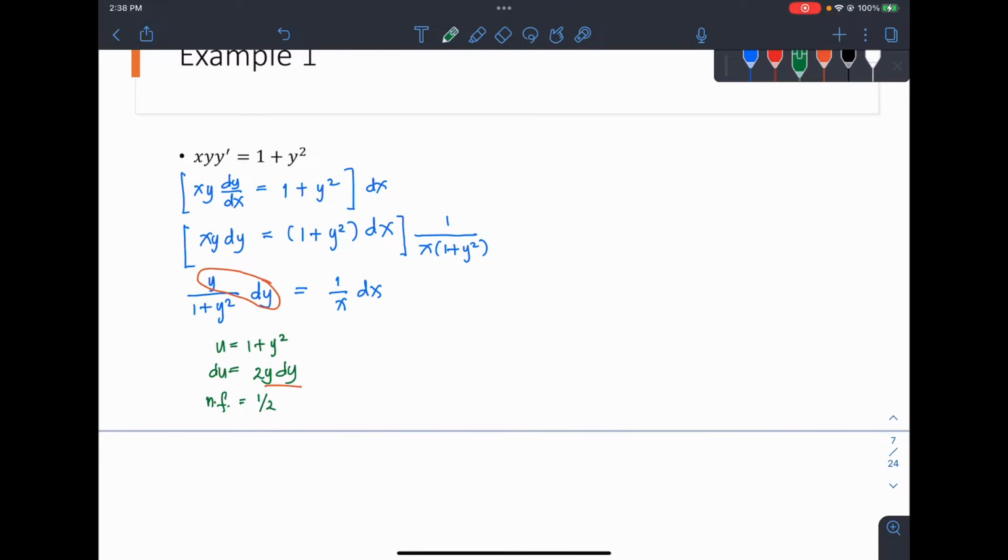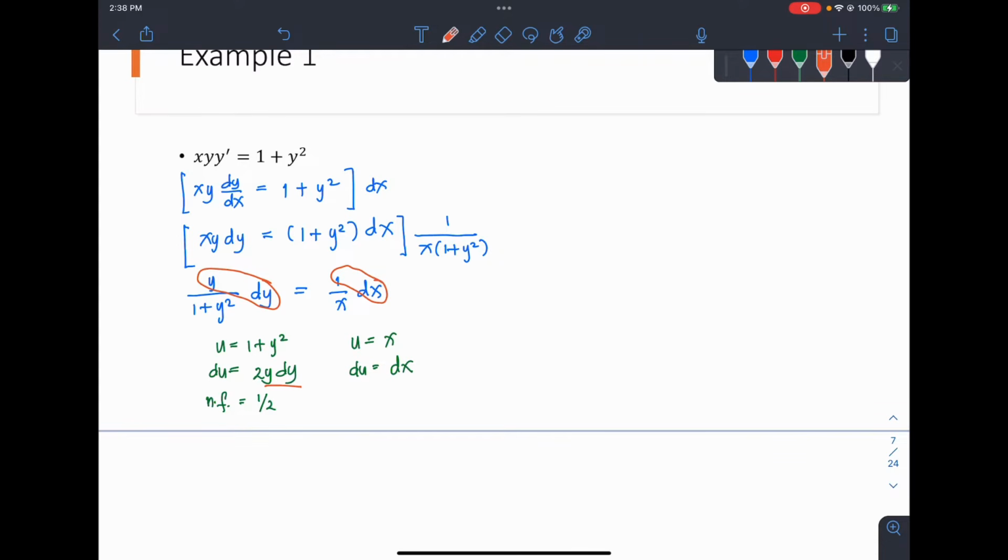And then for the right hand side, if we let u as x, then du, the derivative of x, is dx. As we can see here, this is the same: 1 times dx is dx. Thus the derivative of the denominator is the numerator as well, and that's the formula that we will be using.